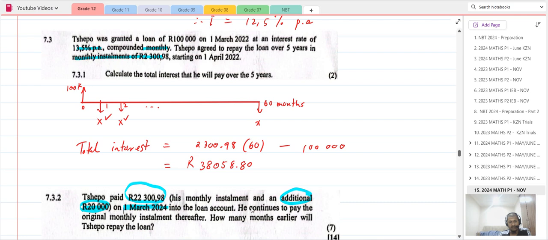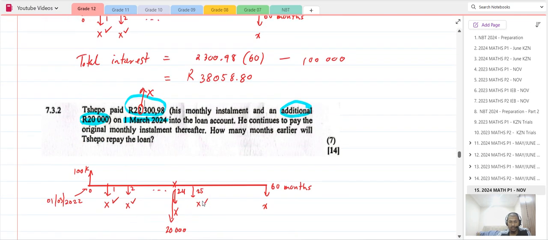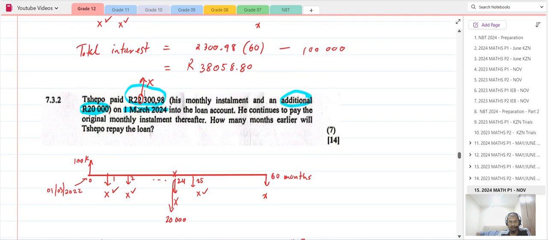I think there's an error here. Shouldn't be 22,300.98. Because his monthly installment is not 22,000, it's 2,300.98. Yeah guys, I think there's an error in this question, but anyways, this is the way to solve it.